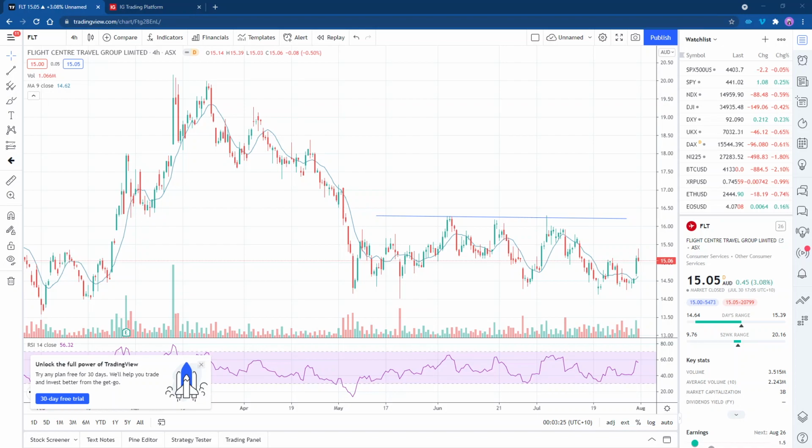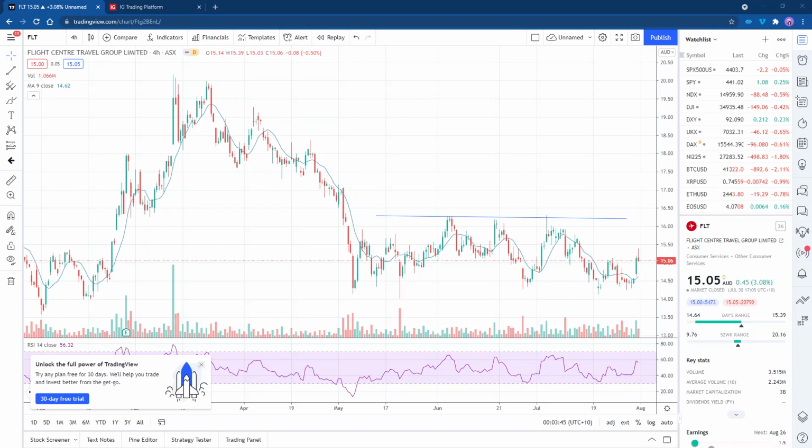The next order will be fulfilled at a higher price point if you think about it. So if Flight Center currently is at $15 and if people just go buy, then eventually the orders will start getting filled at higher and higher prices.